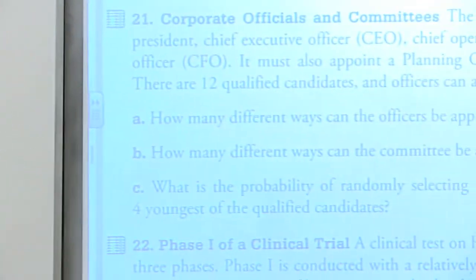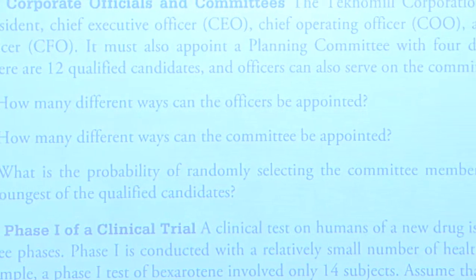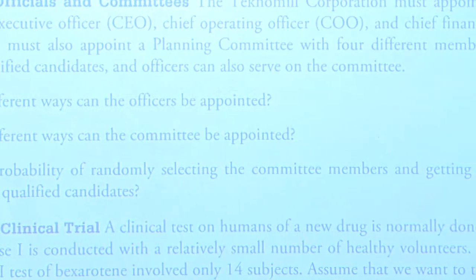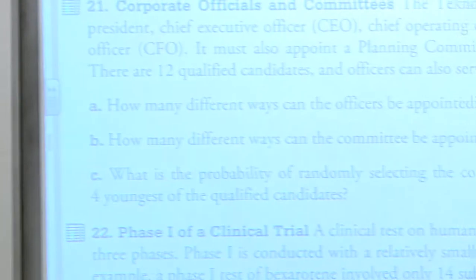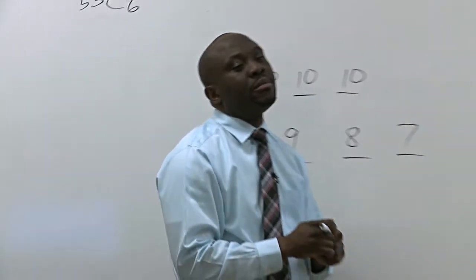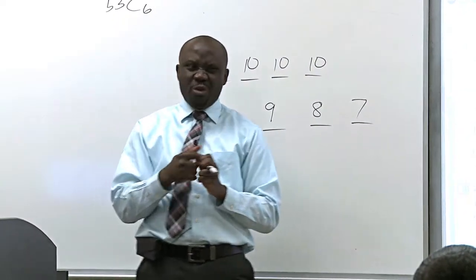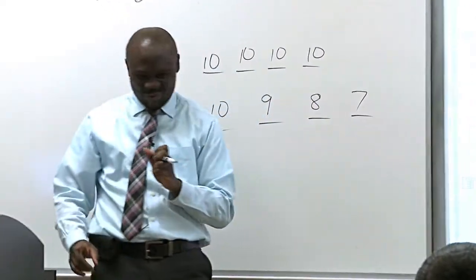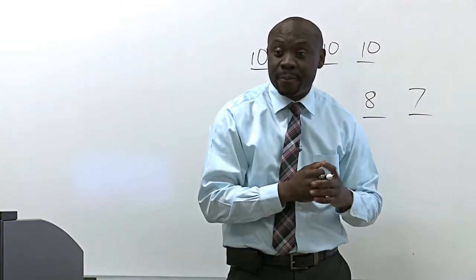So, in how many ways can this be done? Oh, come on, don't be silent on me. How do you know that? Now, in how many ways can you select the... 12C4.